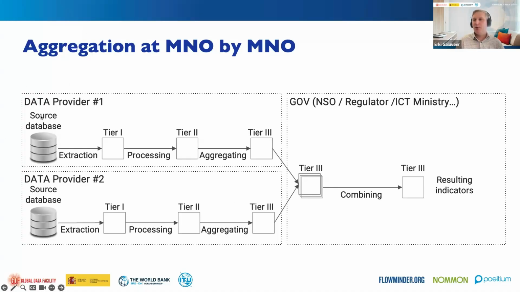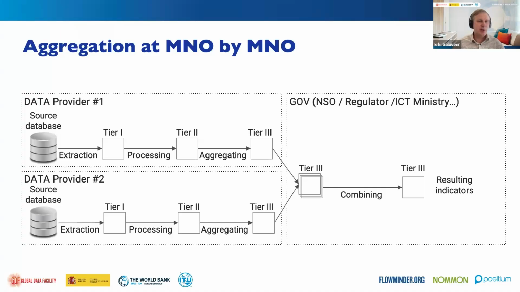We see here 2 data providers that would do the extraction, processing, and aggregation within their premises. Only the aggregated data is then collected by the government, and then the combining of these two operator results is done before dissemination activities.